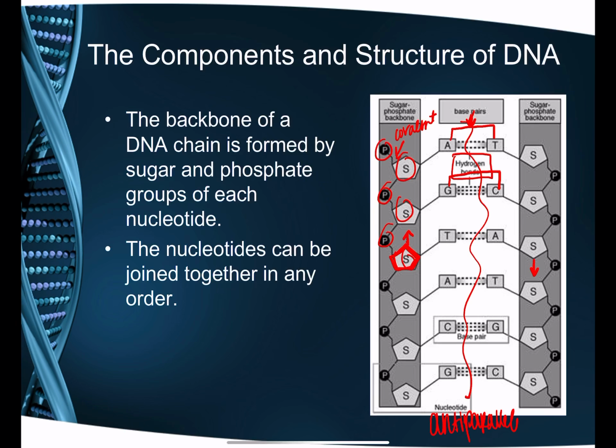And these bases, though they have to be paired A with T and G with C, can be in any order. This one shows A, G, T, A, C, G, but you can make that any order. The order of the nitrogen bases is what codes for different proteins.